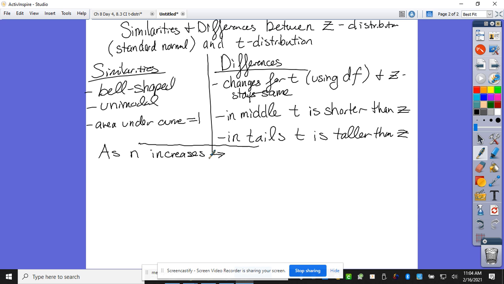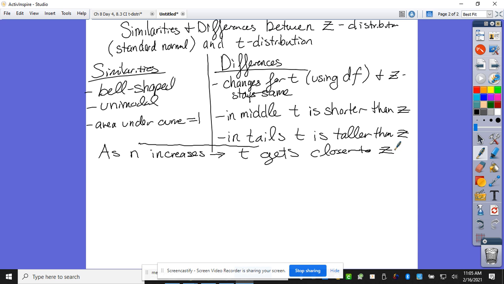But from Friday, the one thing we said is as N increases, it's more like Z. The bigger your sample size, the closer your T curve gets to Z. And why is that helpful with the chart itself?